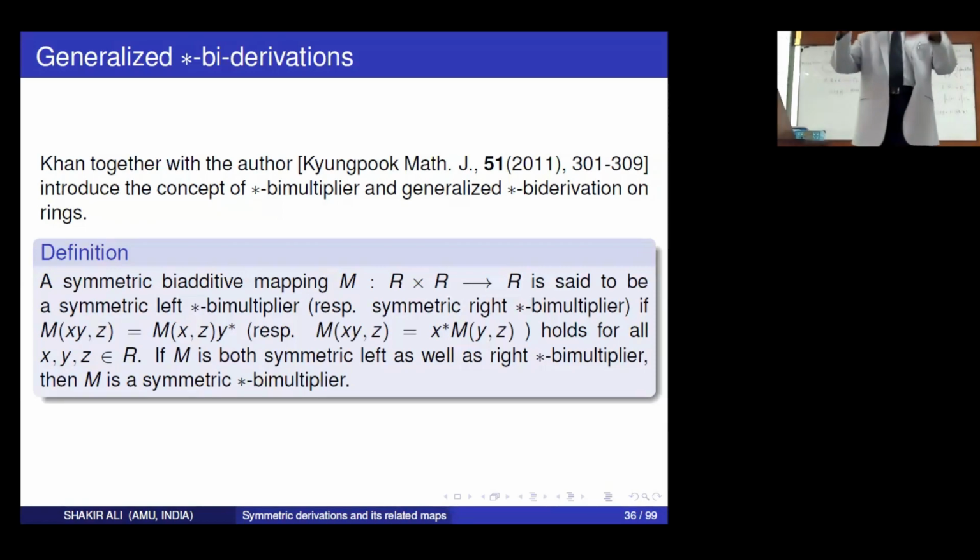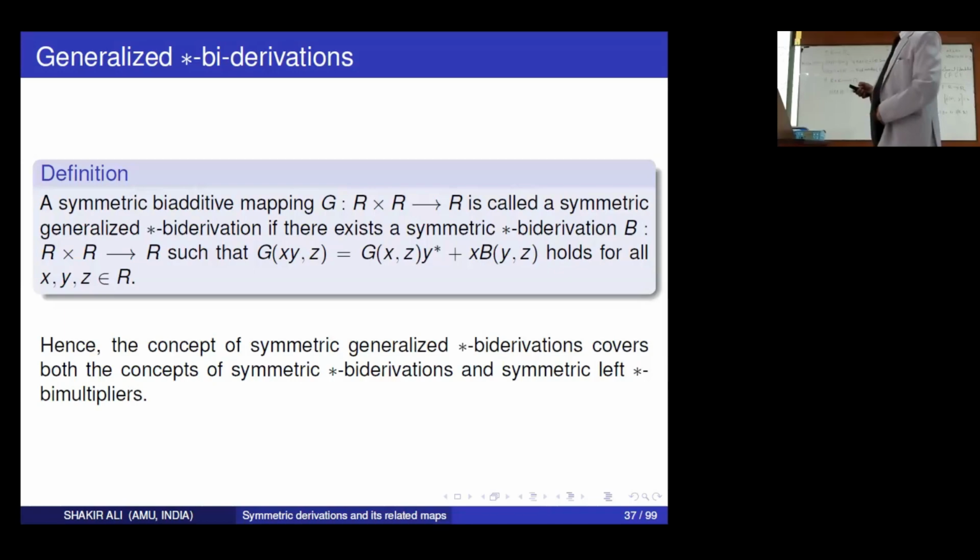If M is both left as well as right, then we call it symmetric star bi-additive. And then we define another notion called symmetric generalized star bi-derivation.